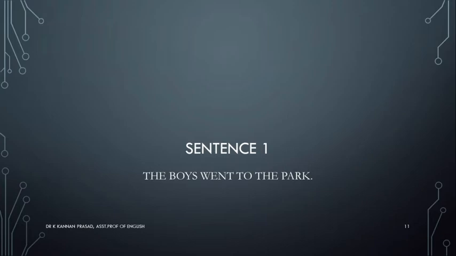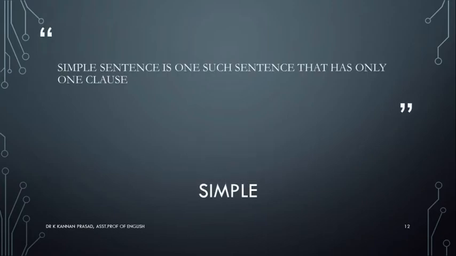So we will call it as simple sentence. So we can define a simple sentence is one such sentence that has only one clause. Pretty simple, right? Now, if you are clear about this, we can move on to the next sentence type. Take a look at the next sentence.